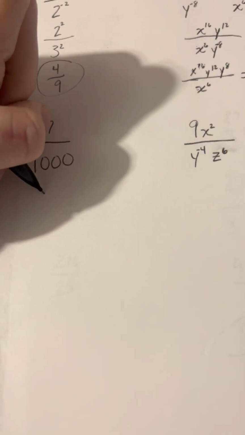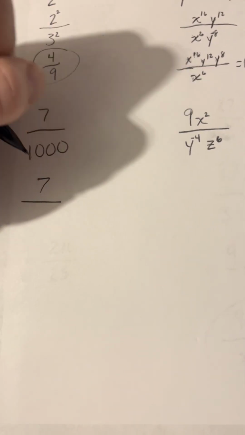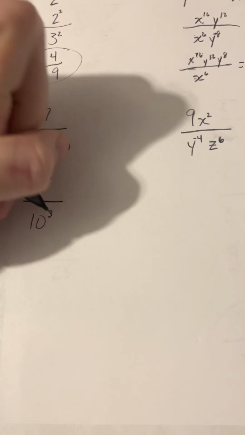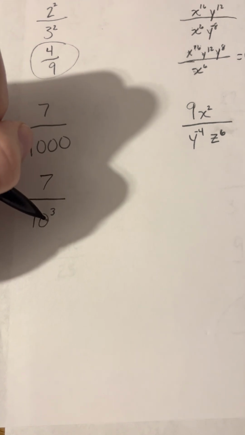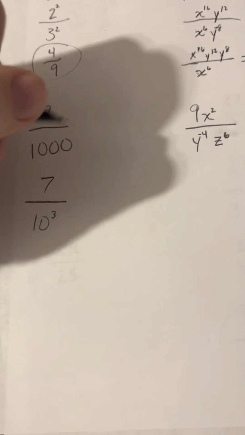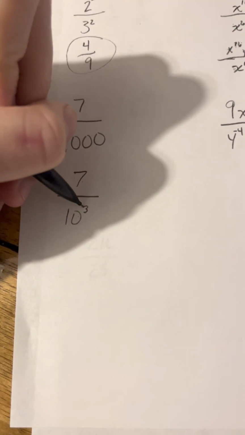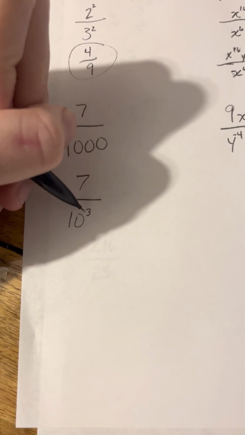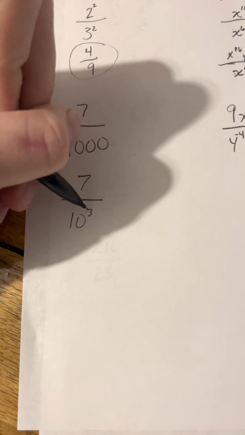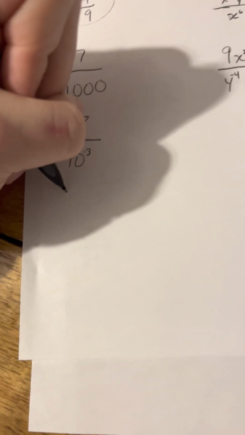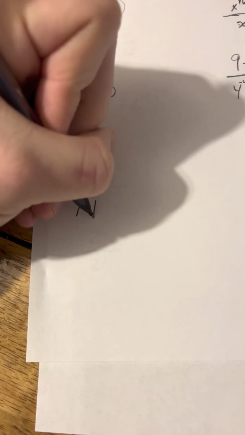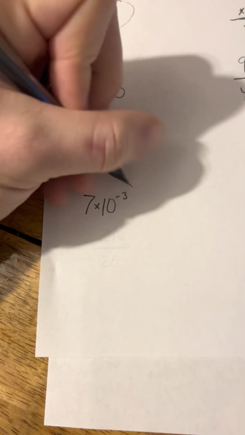So we leave the 7 on top, and then 1,000 is just 10 to the 3rd. But again, we don't want to have a fraction, so we need to move this to the top so the fraction goes away. If we move this to the top, that's going to change the sign on the exponent. So since it's a positive 3, when we move it to the top, it becomes negative 3. So your final answer is 7 times 10 to the negative 3rd.